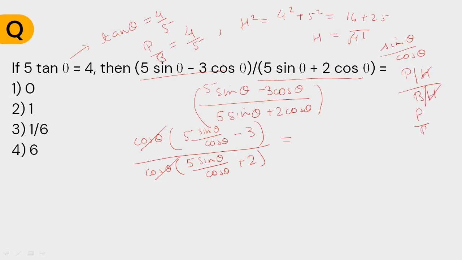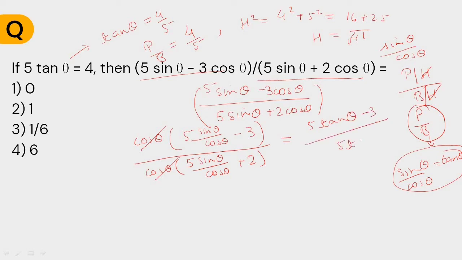It comes P upon B. Oh, this is the new formula. Sin theta upon cos theta is equal to tan theta. So here we can write 5 tan theta minus 3 upon 5 tan theta plus 2. And the value of 5 tan theta is 4. So 4 minus 3 upon 4 plus 2 is equal to 1 by 6. So option number 3. This is the way to solve this question.